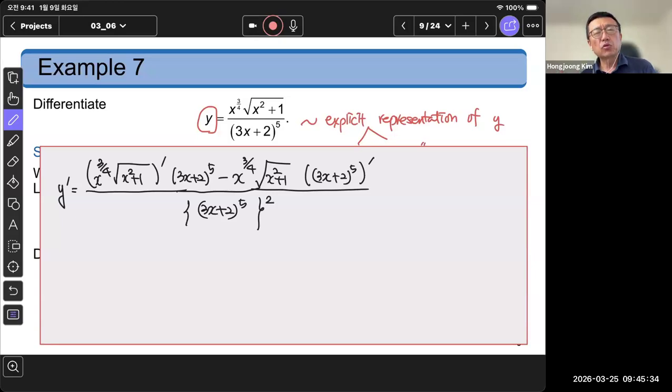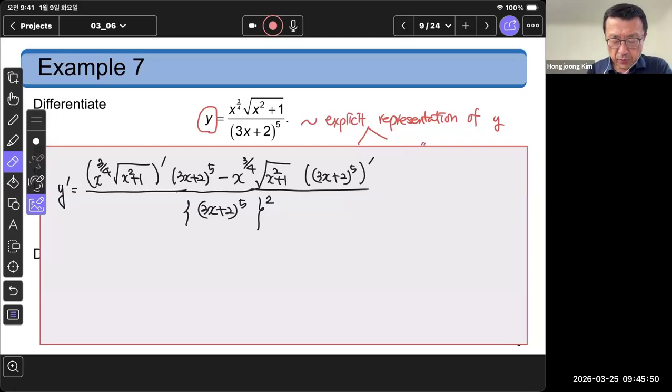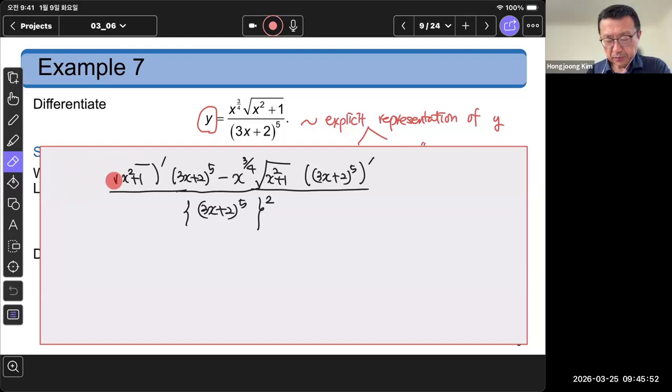If you want, you can perform this. But we can consider a different approach other than this.